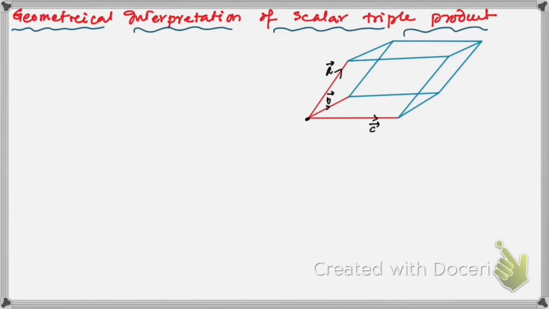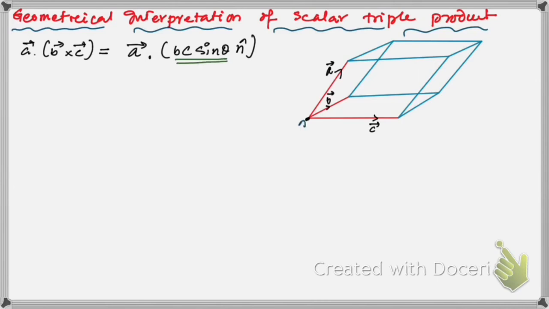Then let me write A dot B cross C. What does it represent? B cross C is nothing but BC sin theta n cap. The cross product of two vectors is the magnitude of the two vectors times sin theta n cap.